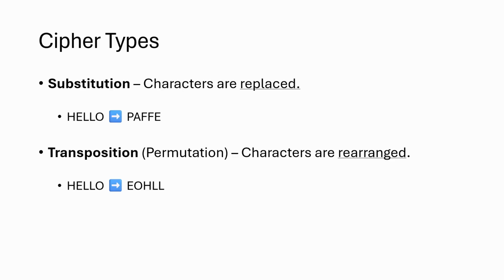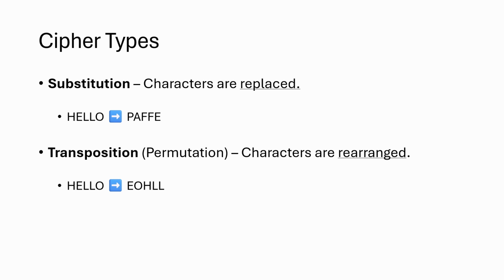So there's two primary types of ciphers, and those are substitution ciphers and transposition ciphers, sometimes referred to as permutation, but we're going to be using the term transposition because that's more common. Permutation is more used as a mathematical term when you're dealing with more advanced crypto systems. So substitution is characters being replaced.